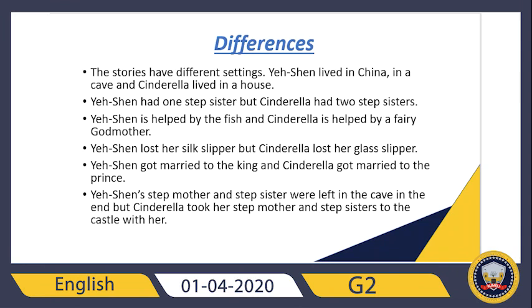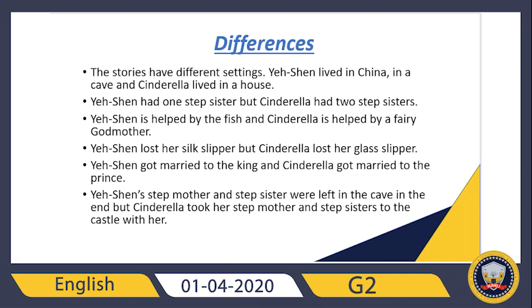The stories have different settings. Yi Shen lived in China in a cave and Cinderella lived in a house. Yi Shen had one stepsister, but Cinderella had two stepsisters. Yi Shen is helped by the fish and Cinderella is helped by a fairy godmother.